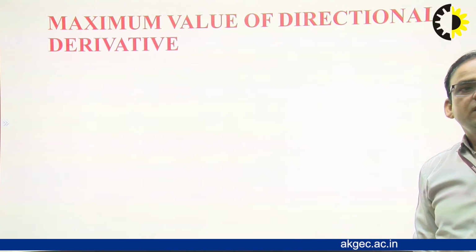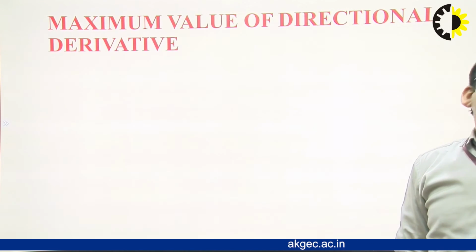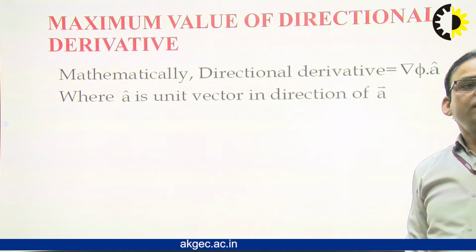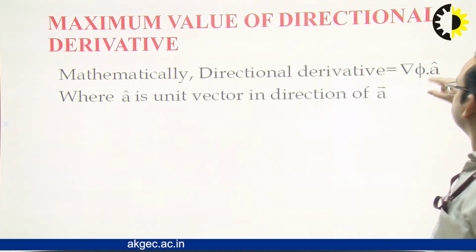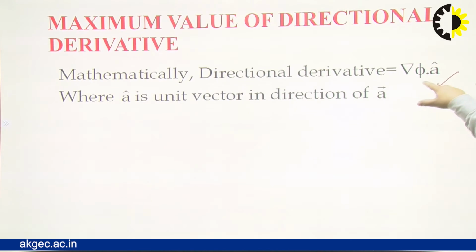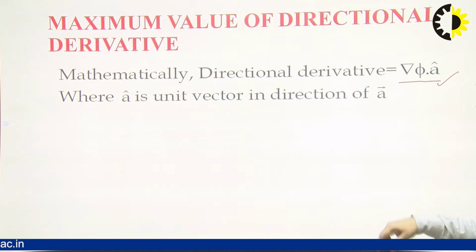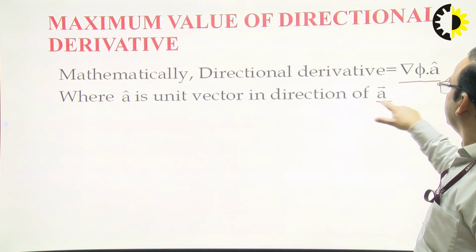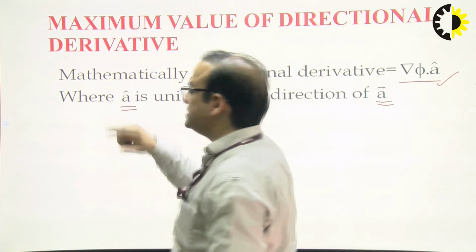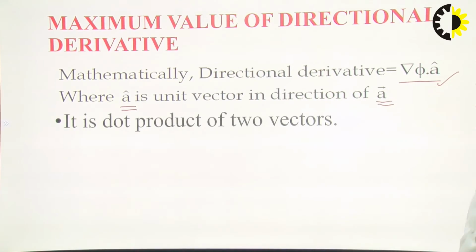So now, the next application is to determine the maximum value of the directional derivative. Mathematically, the directional derivative is given by this definition we have discussed earlier, where A is the given vector and its unit vector is A cap. Then we know that it is the dot product of two vectors.